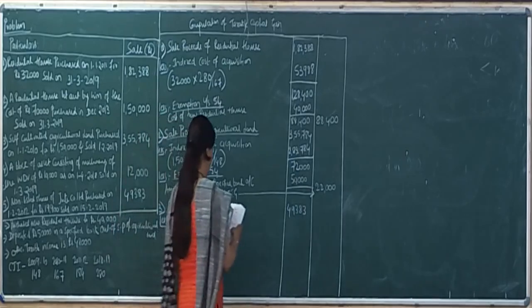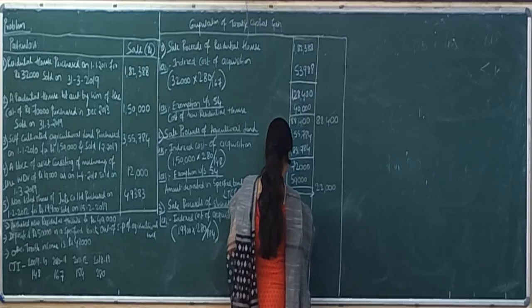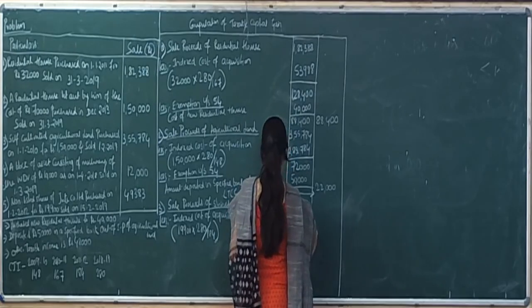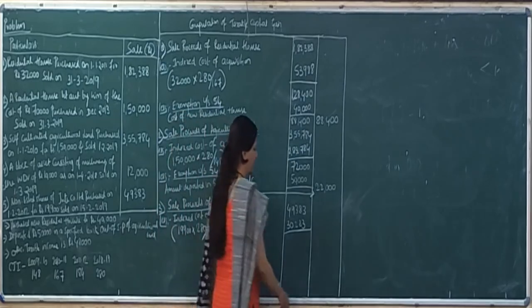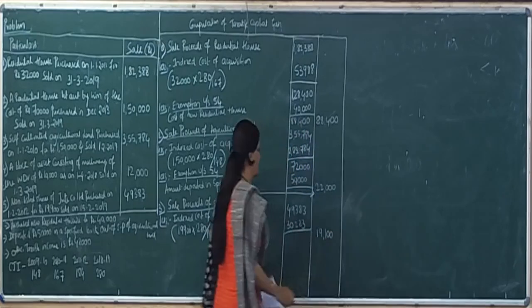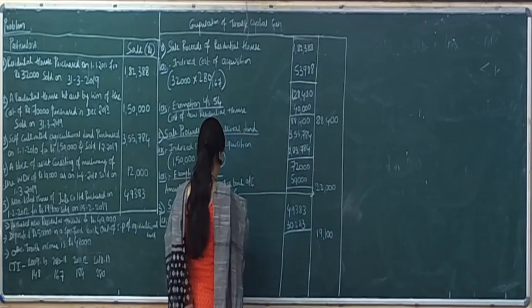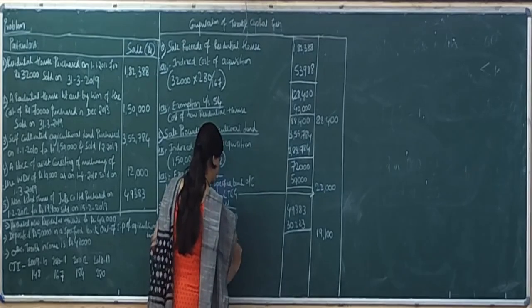When we compute this, we will get the amount 30,000. So the long-term capital gain that we will get is 19,000. Right, so here I will write it as long-term capital gain.